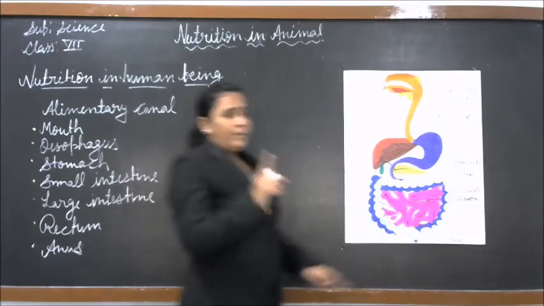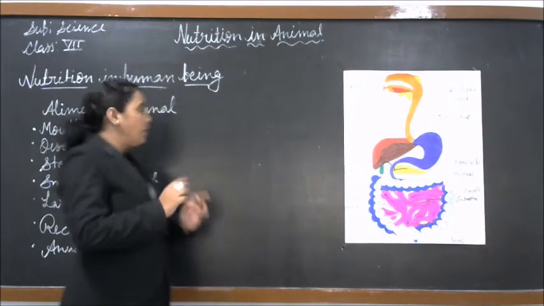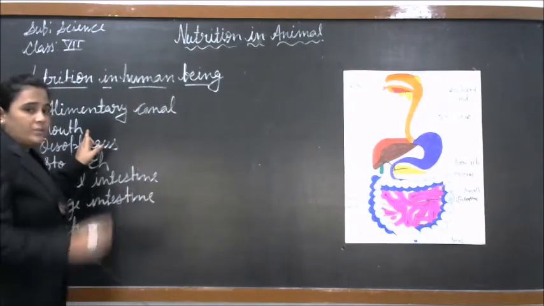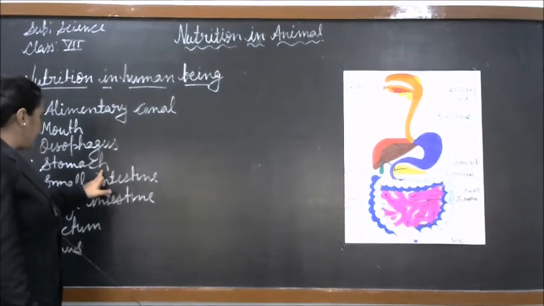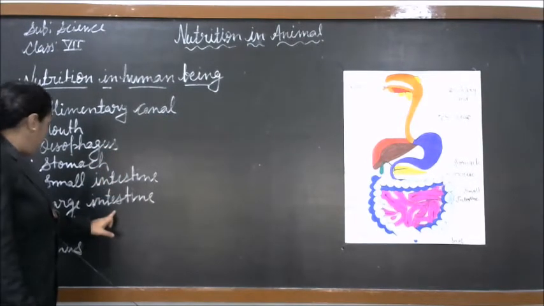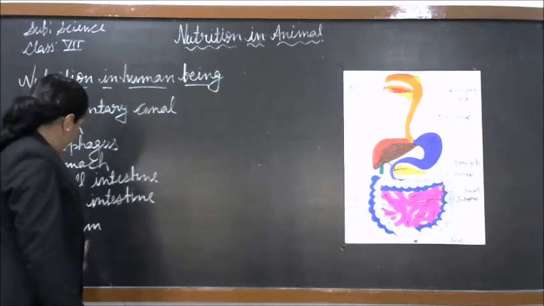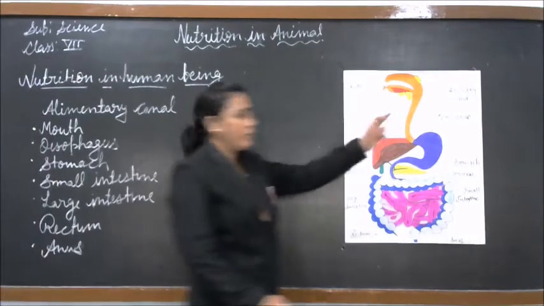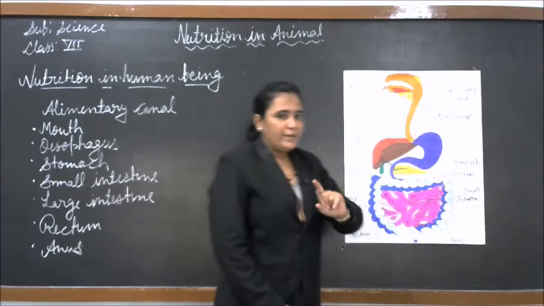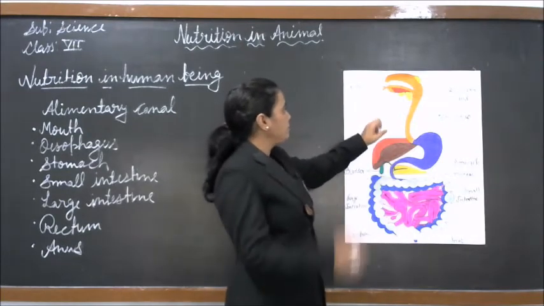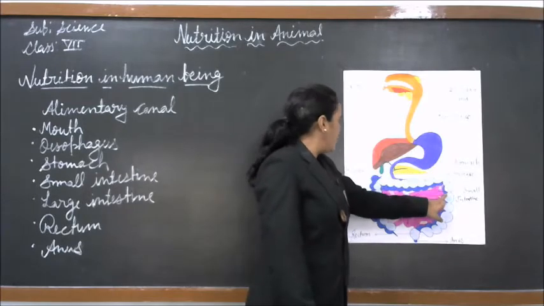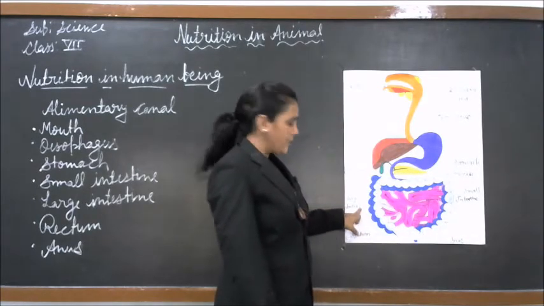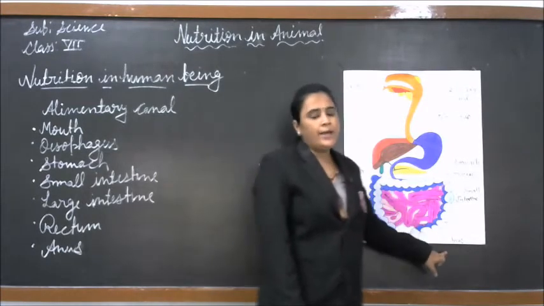The alimentary canal consists of the mouth, esophagus, stomach, small intestine, large intestine, rectum, and anus.